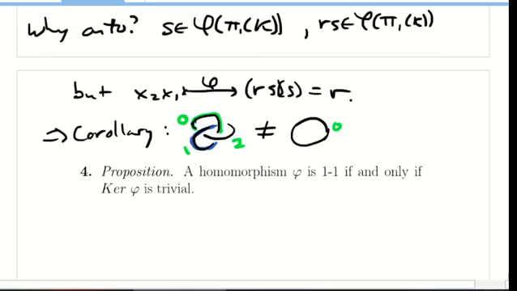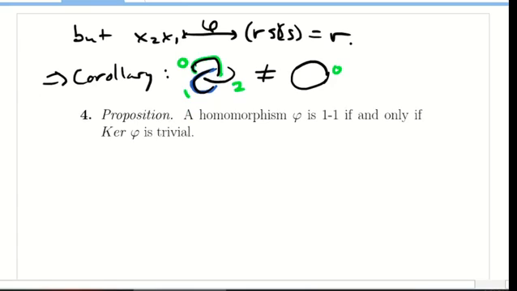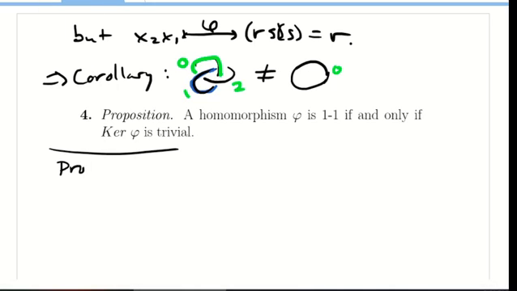We're going to do one thing, so I'm not wasting all your time, I guess. Let's prove this proposition right quick. How do you prove that a homomorphism is one-to-one? Well, that's true if and only if the kernel is trivial.